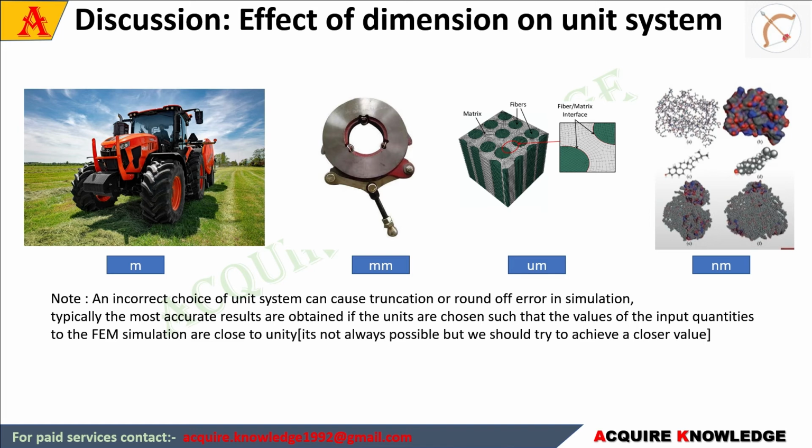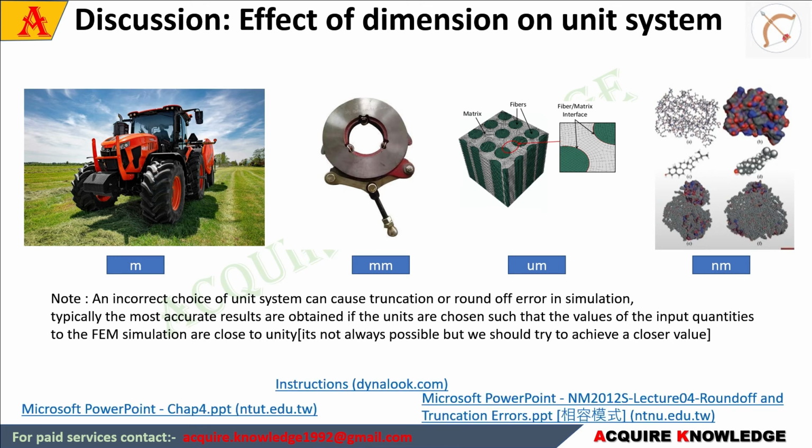Then the nanoscale example. So working at each level requires a different choice of unit systems based upon the geometrical dimension. I have provided links to know more. You can refer to all these links to understand in detail about round off and truncation error in simulation.